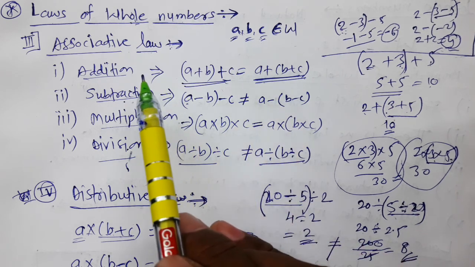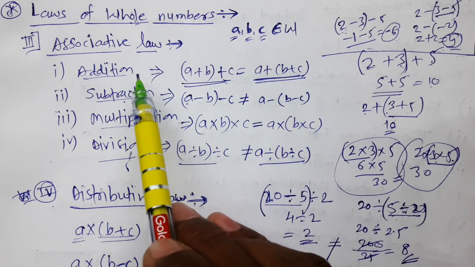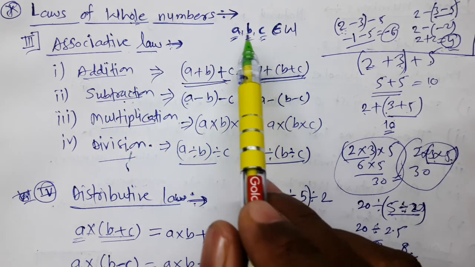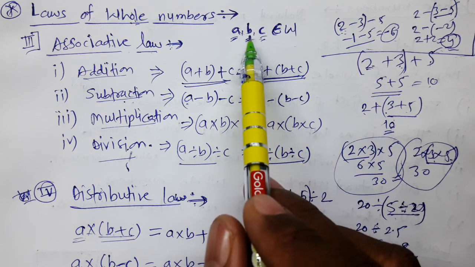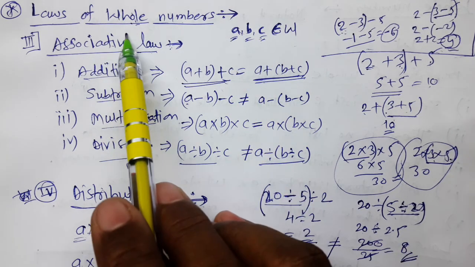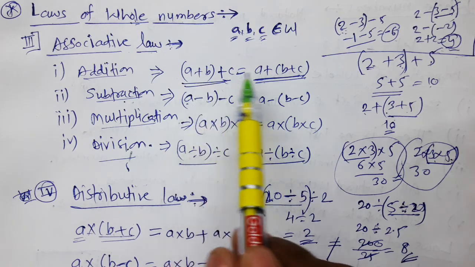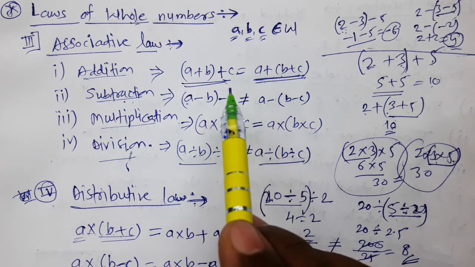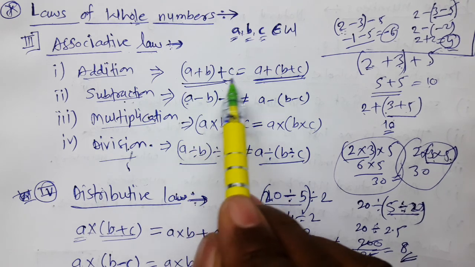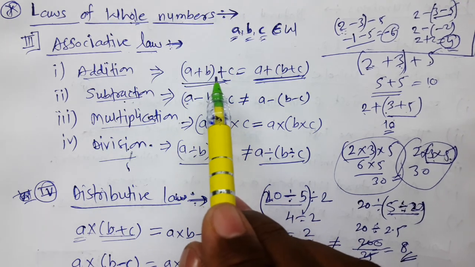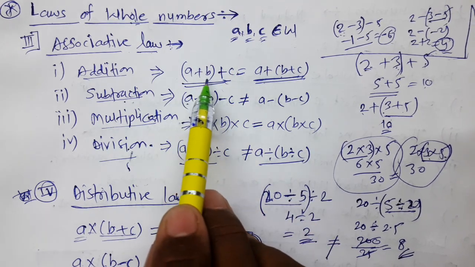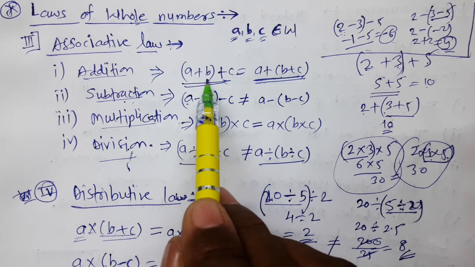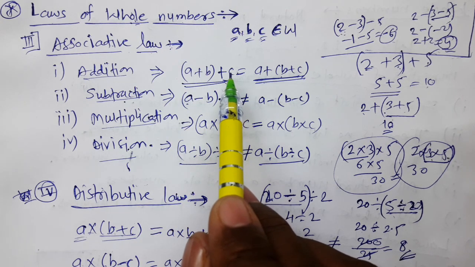Now, for addition, we take three whole numbers and while adding them we put brackets in two ways. First, put the bracket for a and b, perform the addition, and then add the third number c to it.